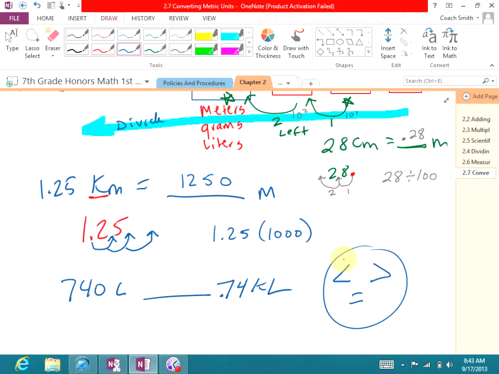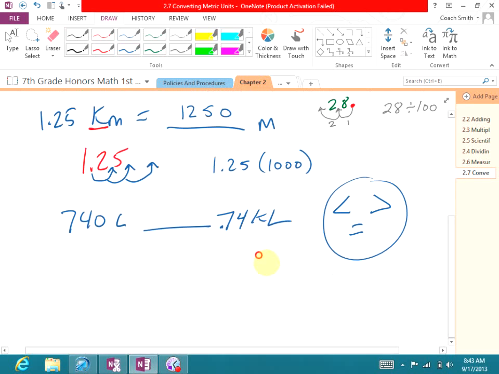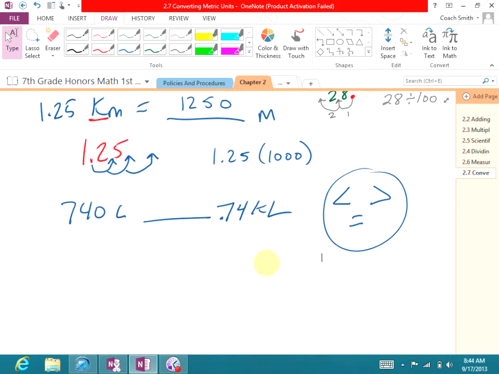So, to do that, I really got to look at, okay, we went from liters to kiloliters. That's a smaller unit of measurement to a larger unit of measurement. So that means we're dividing. How many boxes did we go? Derek? 3.